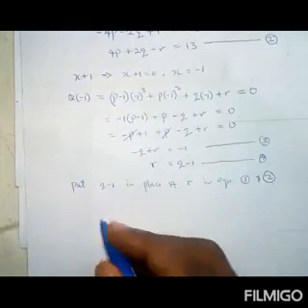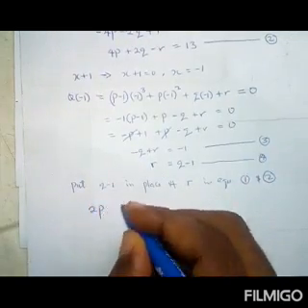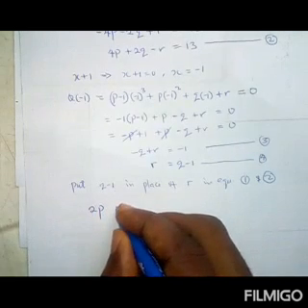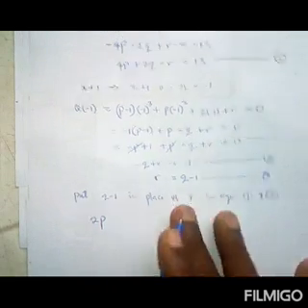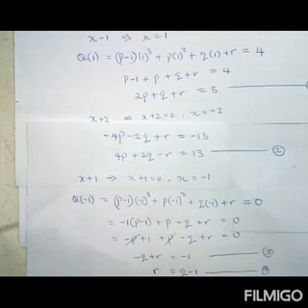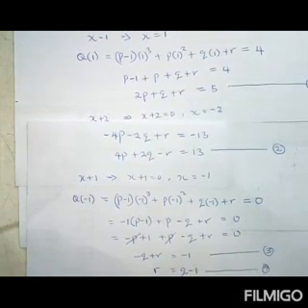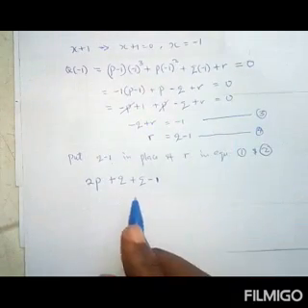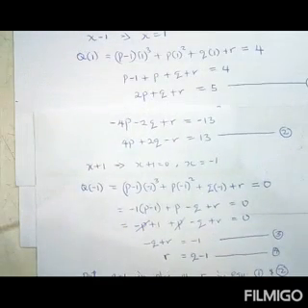So I will write 2p plus q plus q minus 1 is equal to 5.